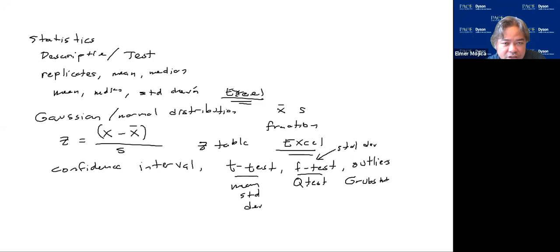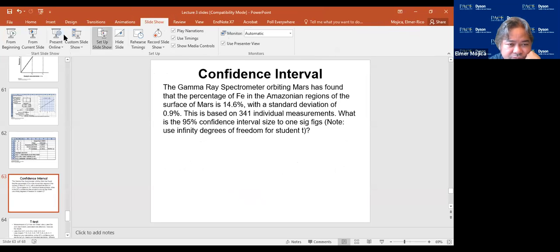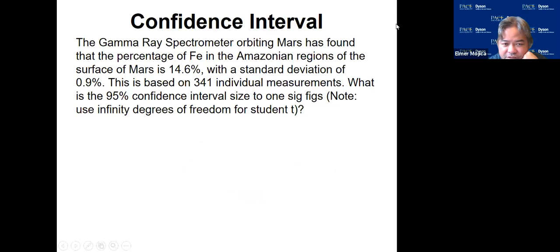Okay? So just to see if you understand that concept, aside from the assignment that I have posted Friday to Saturday, Saturday to Sunday in between time, I have here some problems. So first here is confidence interval.